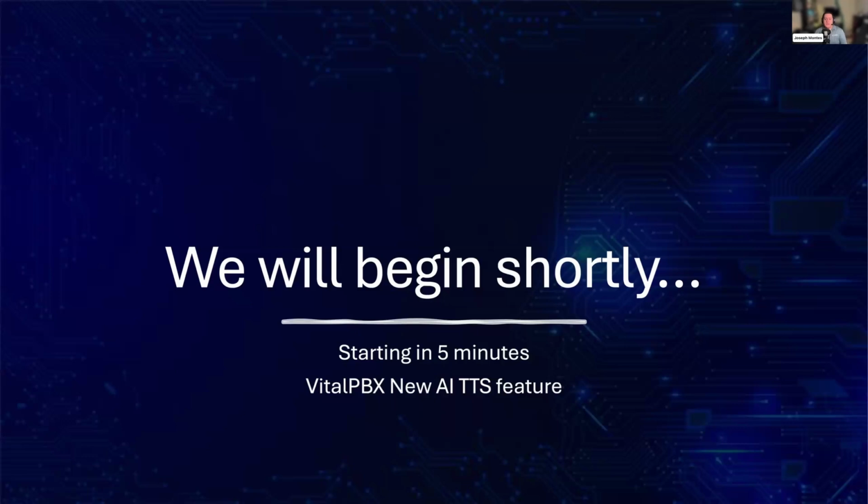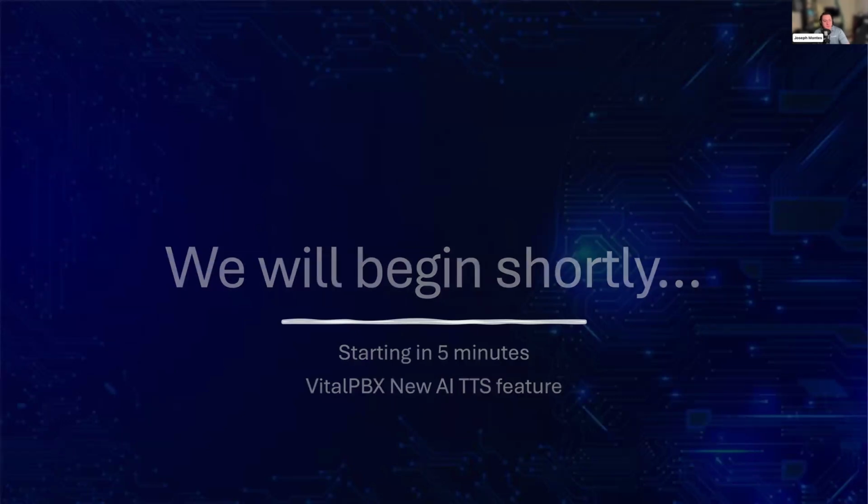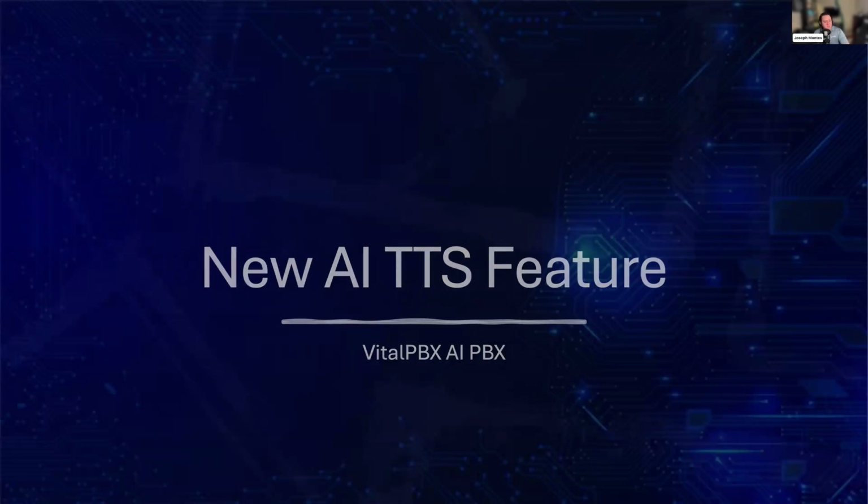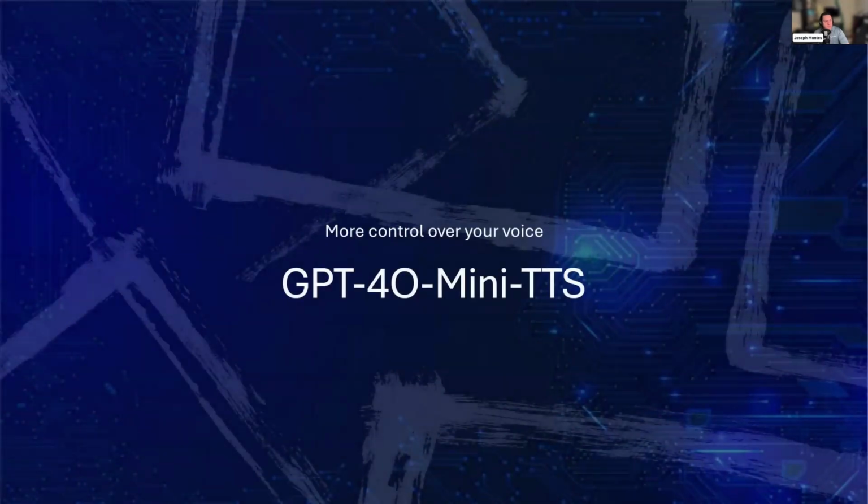So let's begin. My name is Joseph Montes for those that do not know me, and I will be guiding you through today's webinar regarding the new AI TTS feature for VitalPBX. So this new AI TTS feature, once again, TTS for text to speech, is going to be using a new model from OpenAI, which is called the GPT-4o Mini TTS.